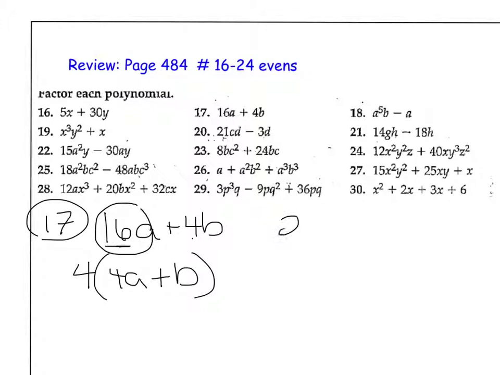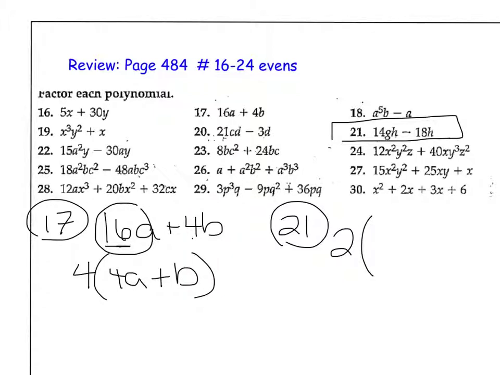If you looked at something like 21, you would have a 2 that would go into both those numbers, as well as an h. So we're going to have 2h on the outside. Then inside would be 7g, because 2 times 7 is 14. Then I have minus 9.